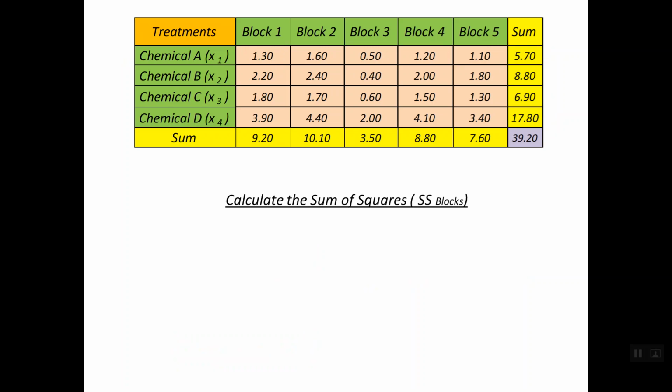Now we'll calculate the sum of squares of the blocks, or SS blocks. Notice that for block 1, these are the records for block number 1. And actually we are interested in the sum of all of these values for block 1, and this is for block 2, this is for 3, this is for the 4th one, and this is for the last one.